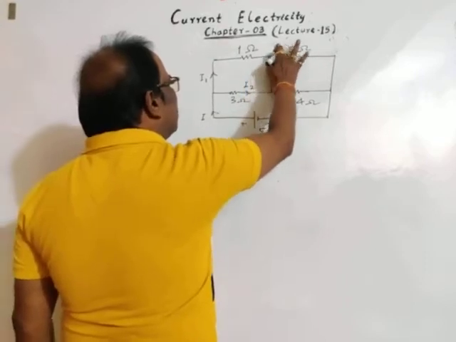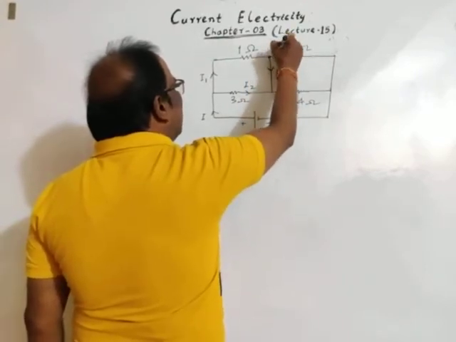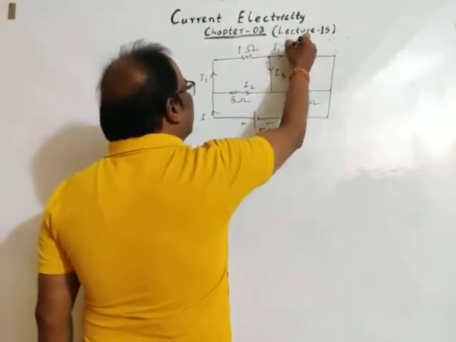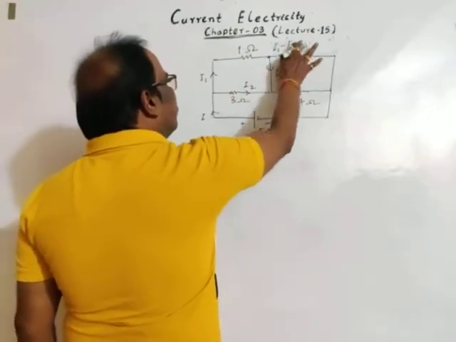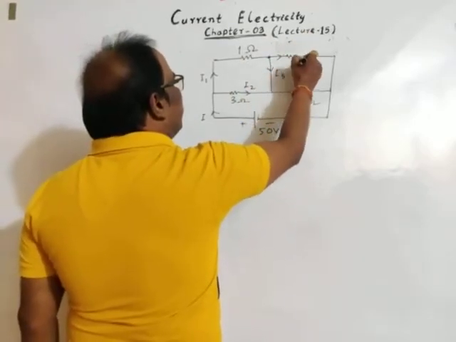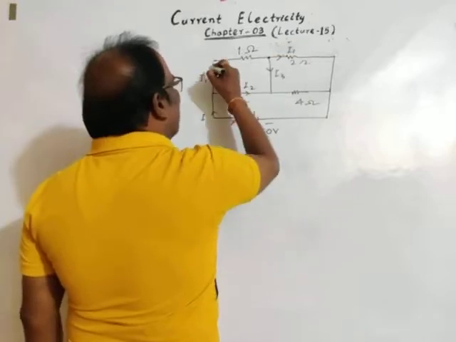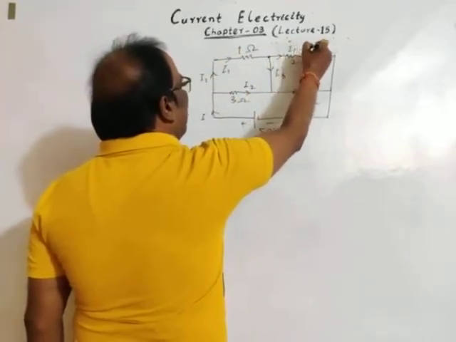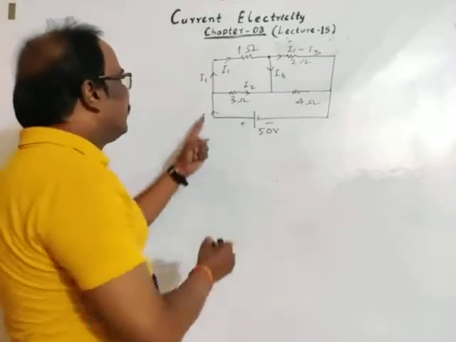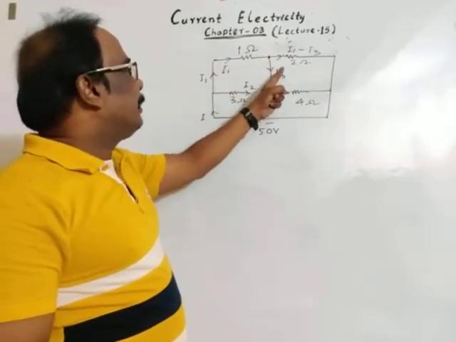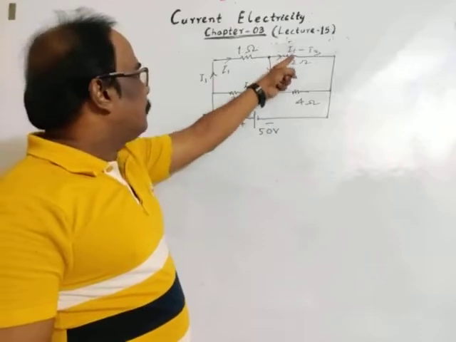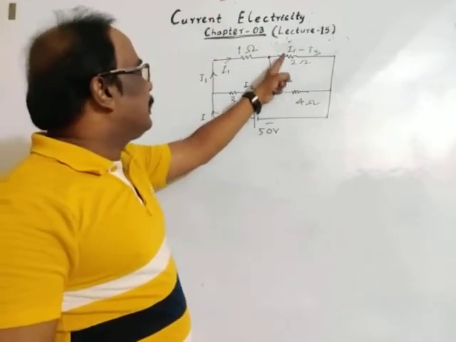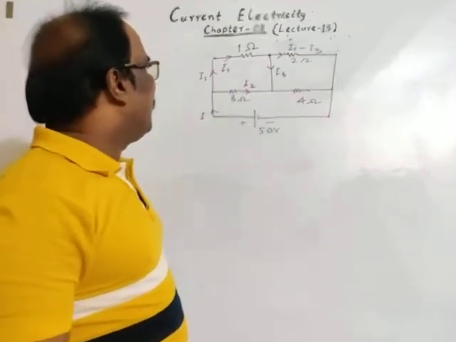Or you may take for simplification, this is I1 minus I3. This is 2 ohm, this is I1, this current is I1 minus I3. See, I1 is divided into two branches. This branch is I3 and the rest is I1 minus I3.